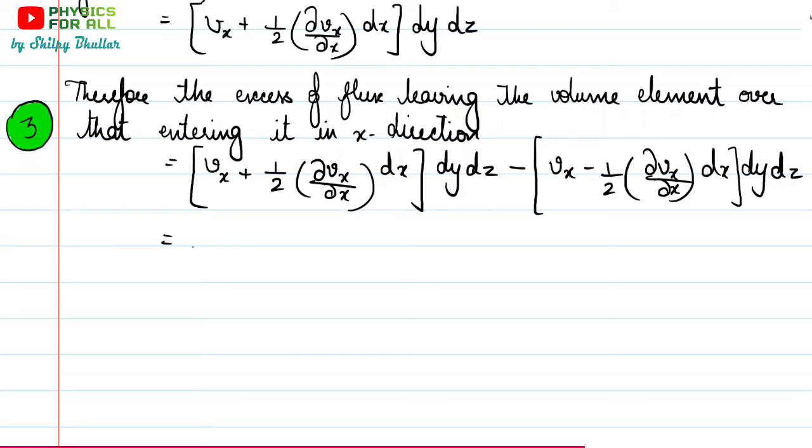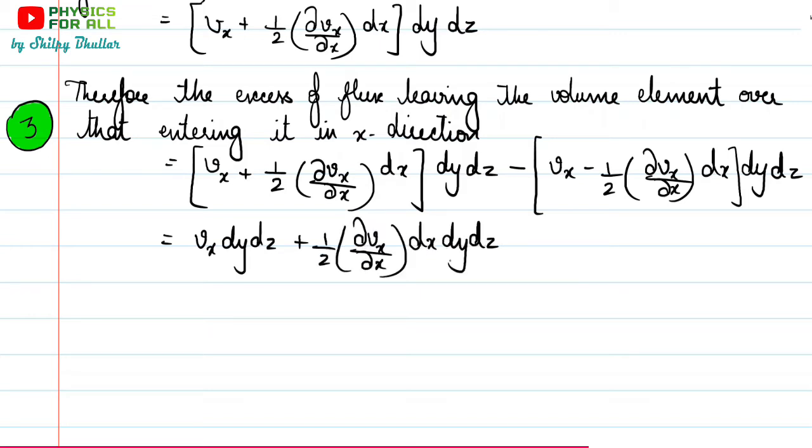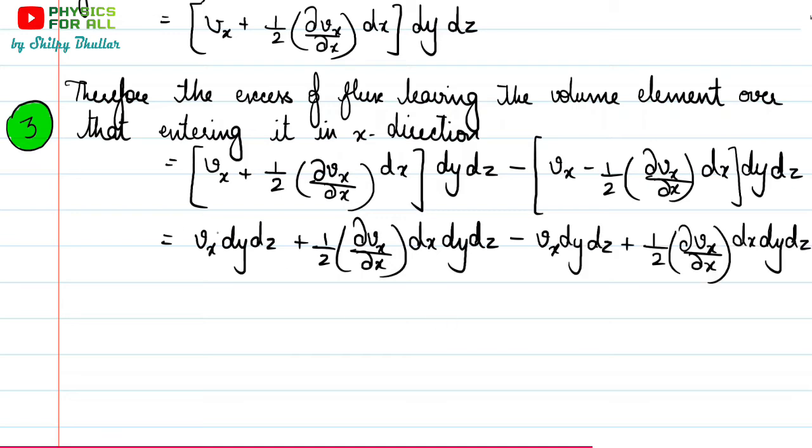Let's see. Here we get Vx dy dz plus half ∂Vx/∂x dx dy dz, and then here we have these two terms. Now you can see this Vx dy dz, and here we have again Vx dy dz but with a negative sign.